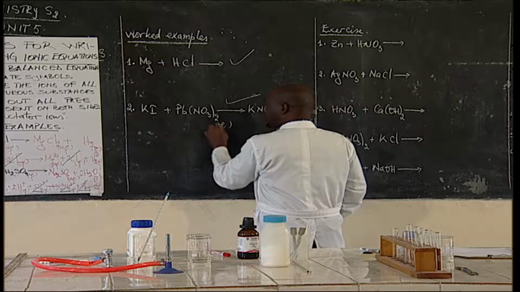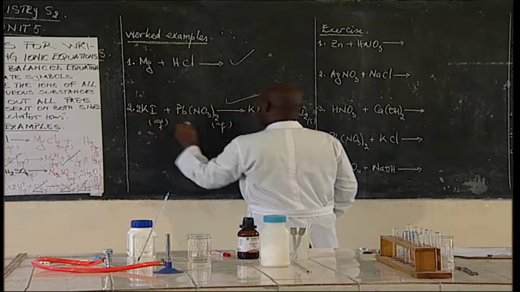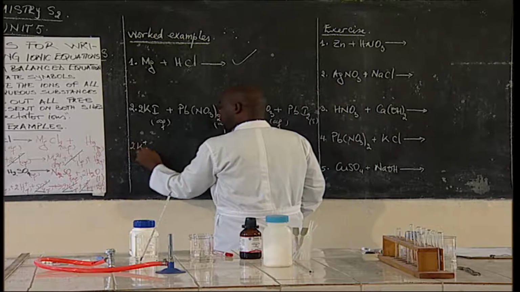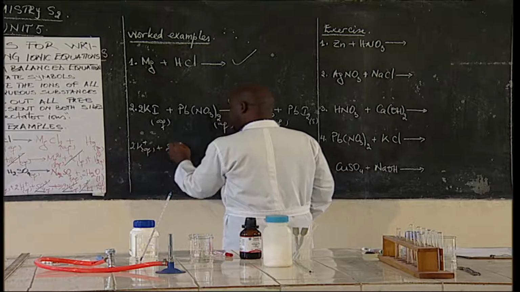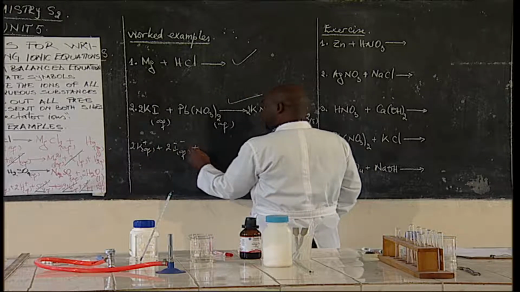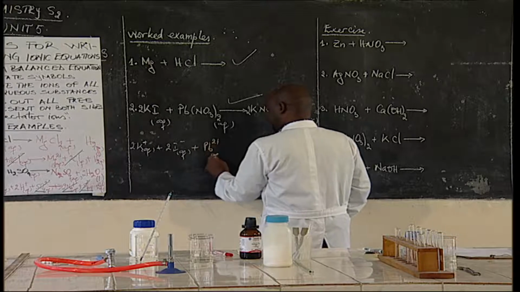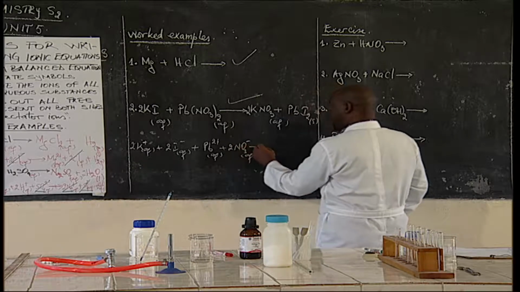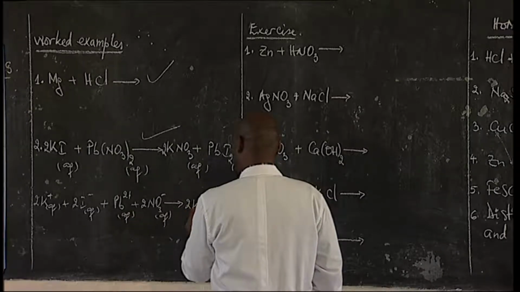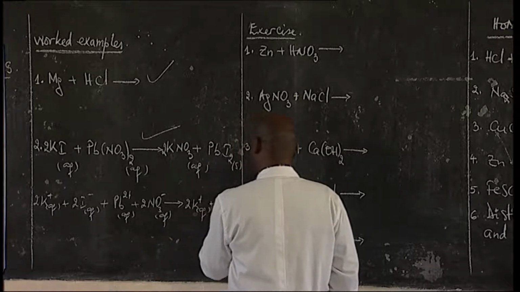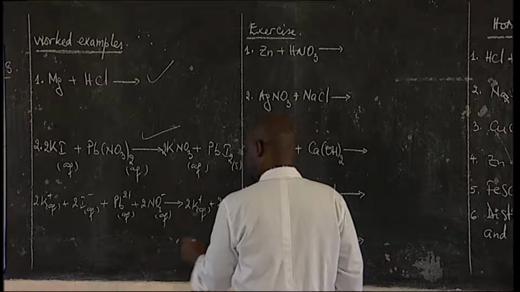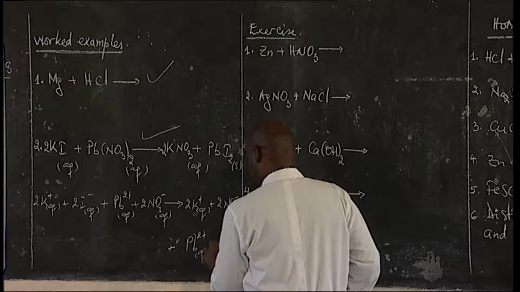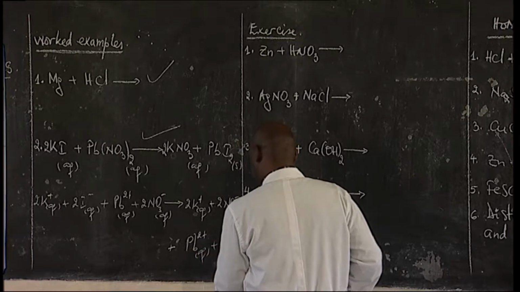Here we have aqueous and aqueous, and then we balance. We have 2 potassium aqueous plus 2 iodide aqueous plus lead 2 plus 2 NO3 aqueous, and we produce 2 potassium plus 2 NO3, the nitrate ion aqueous, plus lead 2 plus aqueous and 2 iodide ions aqueous.